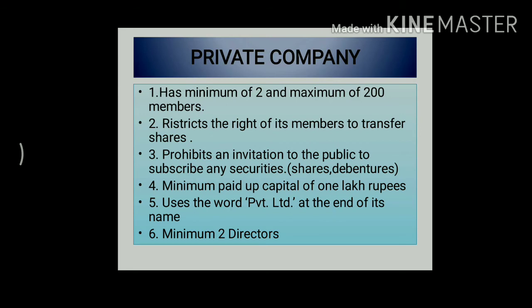It is being restricted. And there is restriction even for the invitation to the public for any sort of security. See, when I'm saying securities, it means shares, debentures, deposits. It can be anything, but it means the private company cannot ask the public to give the money.